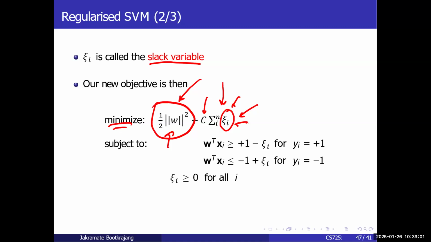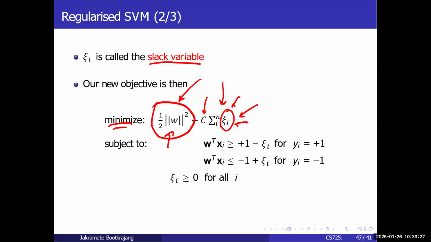So if C is large, you want to make sure that your line has high accuracy. But if C is low, you don't care much about accuracy. You put more emphasis on the margin. Basically, you want a model that is more confident.